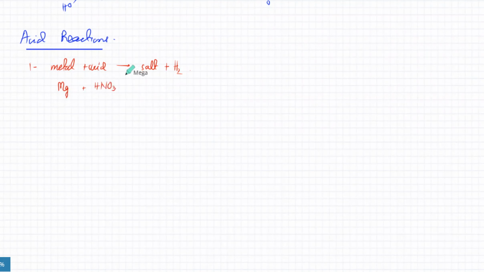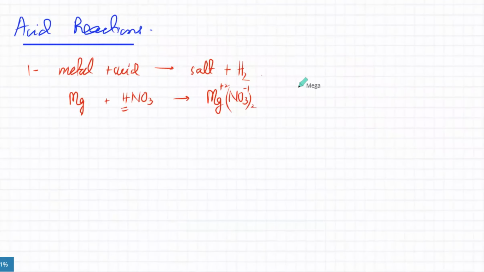What will happen? The acid will get neutralized. The H is going to get replaced by Mg, the metal. Mg(NO3)2 plus H2 gas. And you can balance this.